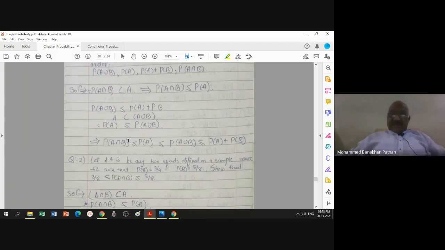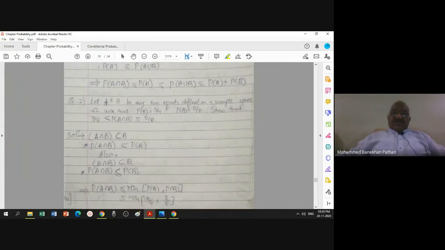I repeat again, A common B inside A, inside union, and union is smaller than A plus B. So this is your arrangement of probabilities of these events.